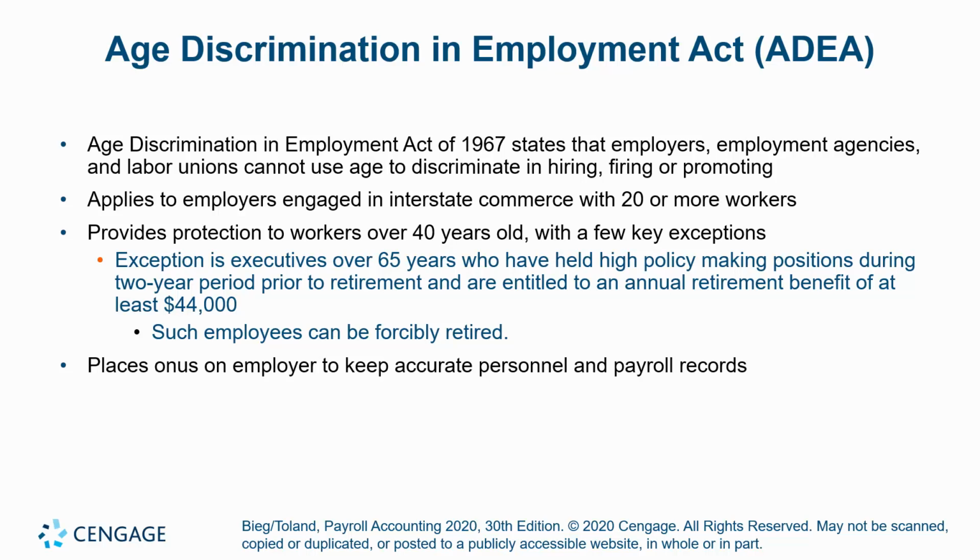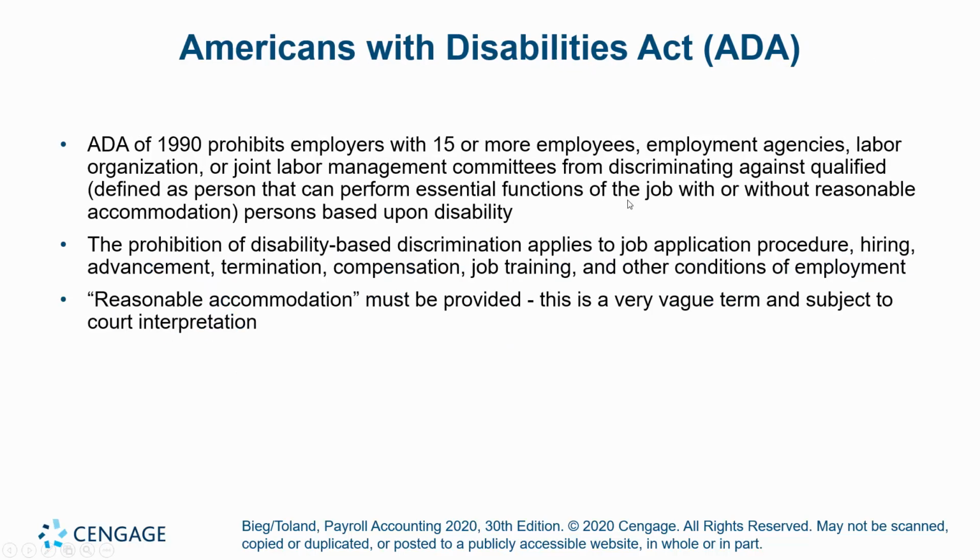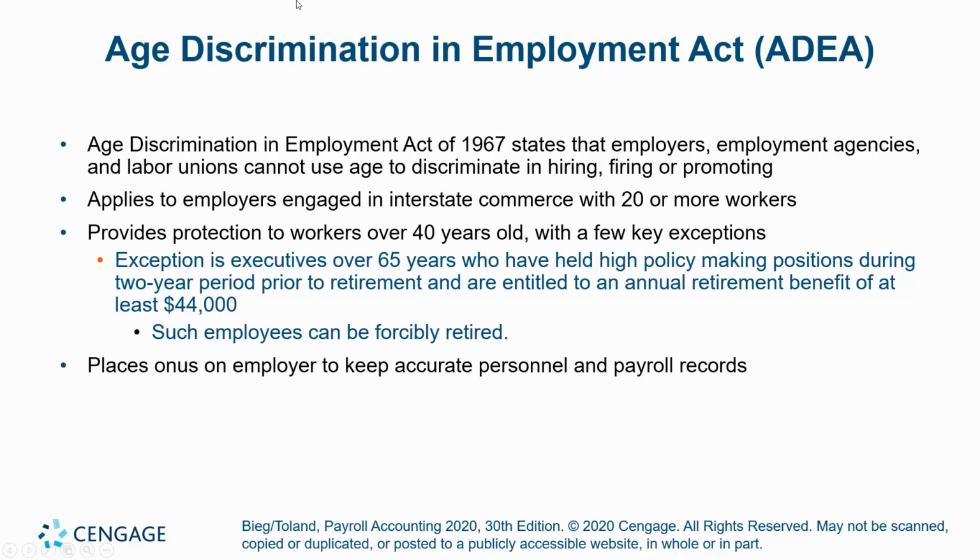But then we talked about a couple of caveats, and we're going to see these over and over in the laws. This one applies to employers engaged in interstate commerce with 20 or more workers. So it doesn't apply to a small mom and pop that isn't engaged in interstate commerce. What is that?